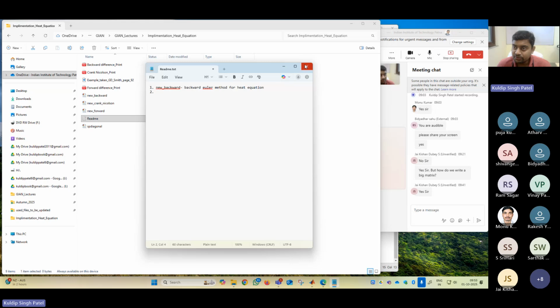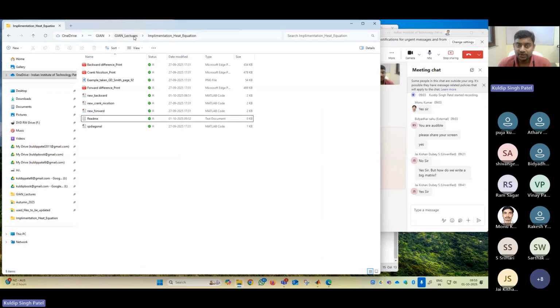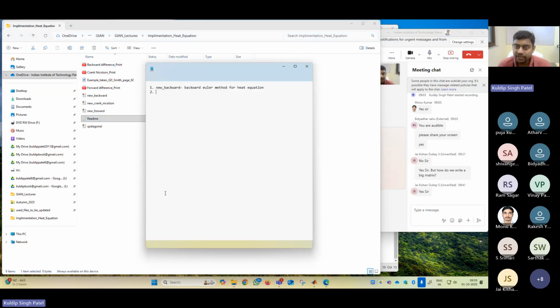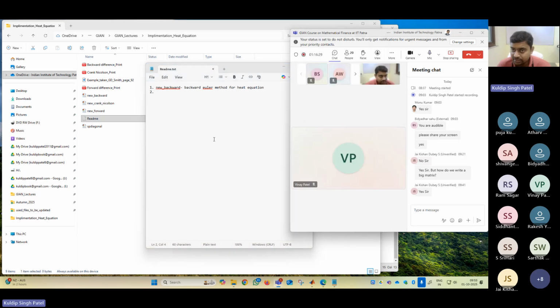Now try to understand. Whenever I go to this folder and I am confused about what it contains, I just open this readme and I get to know what purpose all these files serve. All of you, I strongly suggest that you follow this practice.